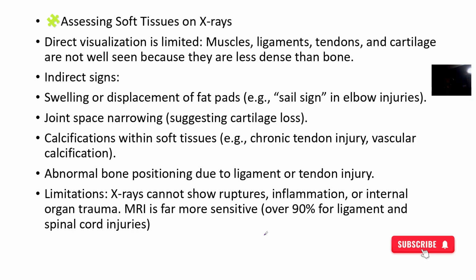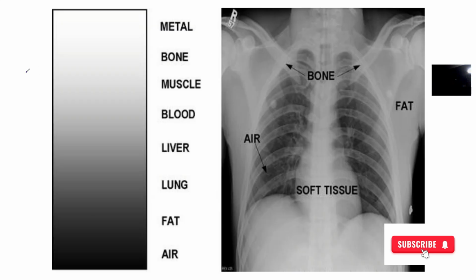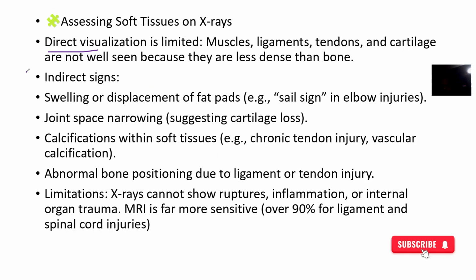All right. So accessing soft tissues on X-rays, direct visualization is usually limited. So all those muscles, ligaments, tendons, and cartilages are not well seen, but indirect signs. So because you know the anatomy of that place, you can now be able to guess.